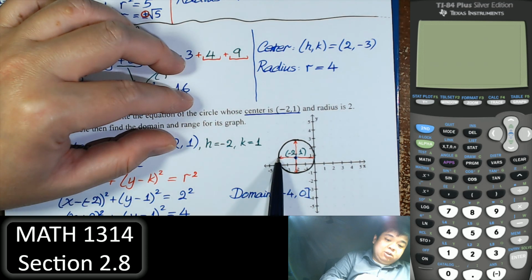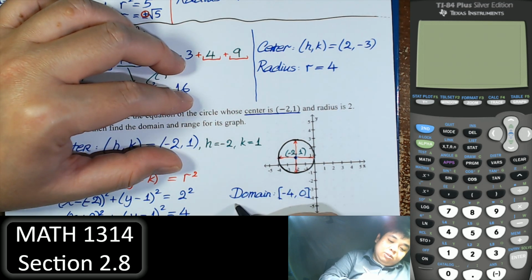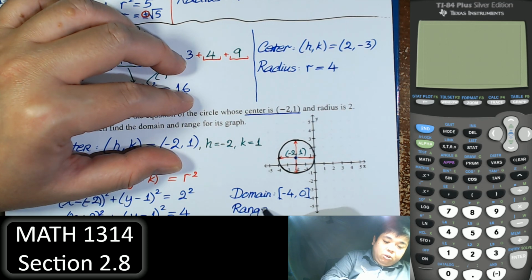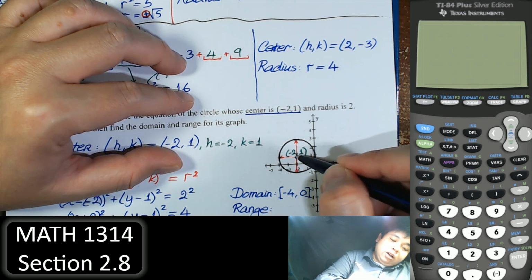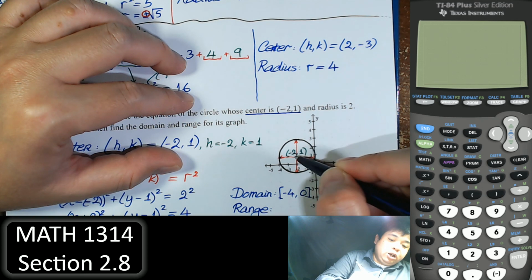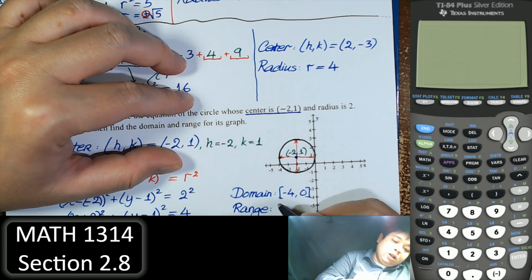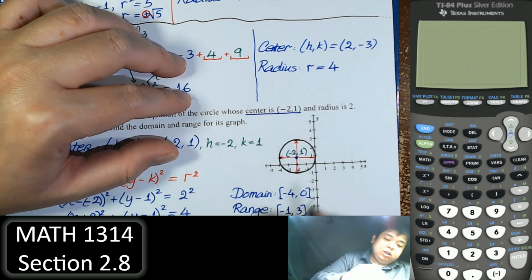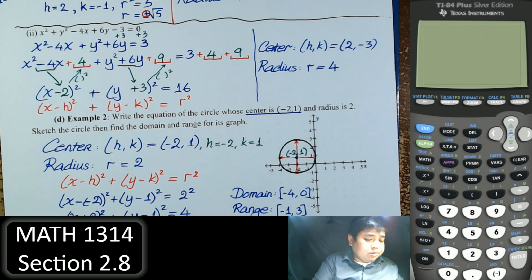For the range, all the y values: from 1 go up 2, that would be 3, and going down 2 would be negative 1. So we go from negative 1 to 3, smaller to the bigger values.